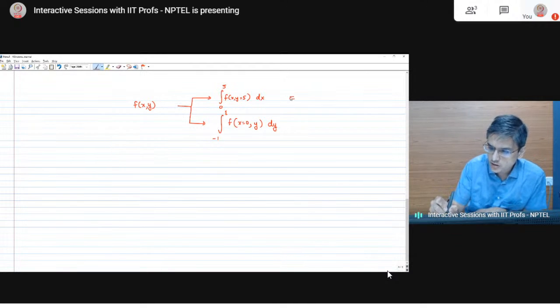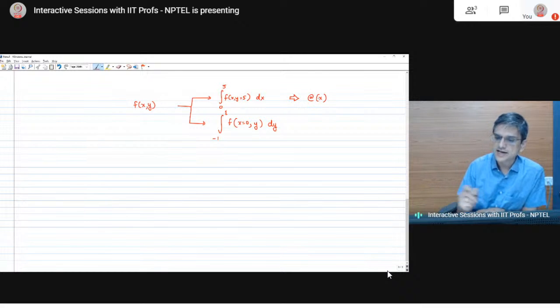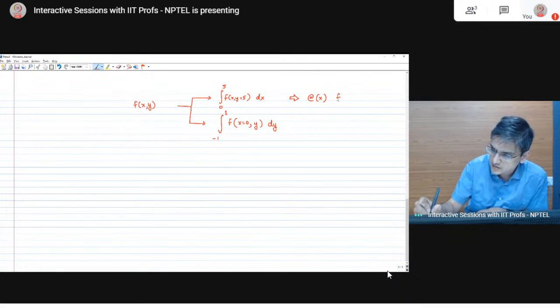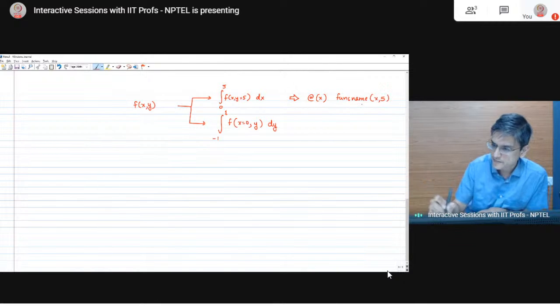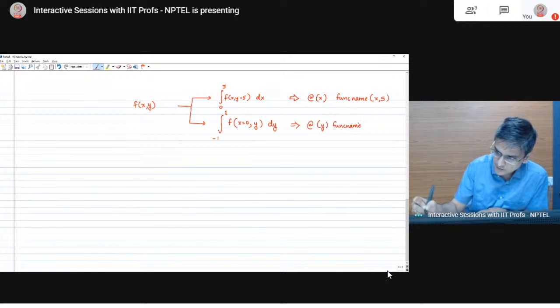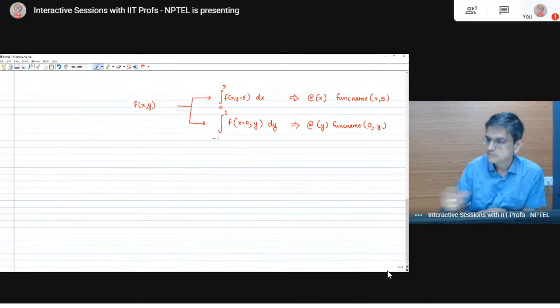How to call this? You will call this as at x, because x is the variable of interest, func name x comma 5. How will you call this? We'll call this as at y, func name 0 comma y.